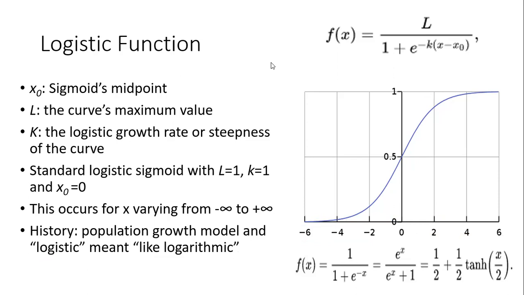Yeah. So one other thing is important. Look at this derivation here. This is one other way to write the logistic function, which is the standard logistic function: 1 over 1 plus e to the power minus x. I can write this as e^x over e^x plus 1, and I can write this as this.